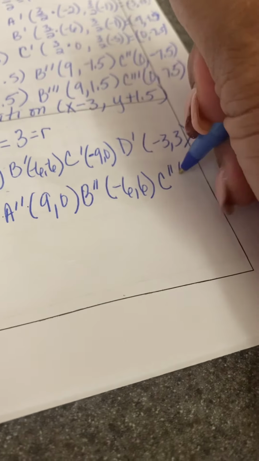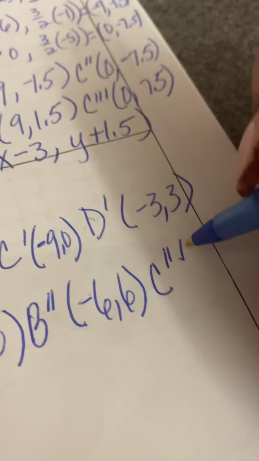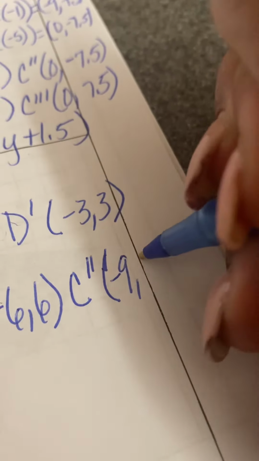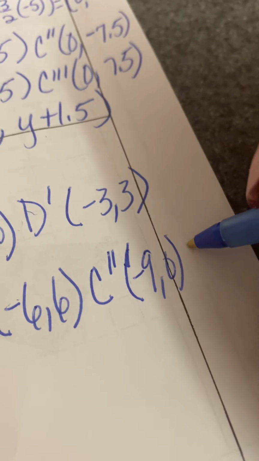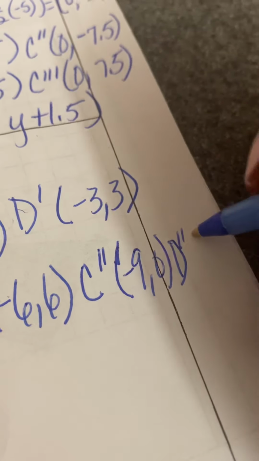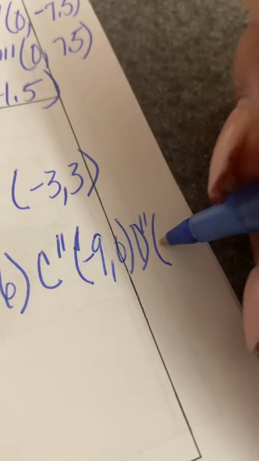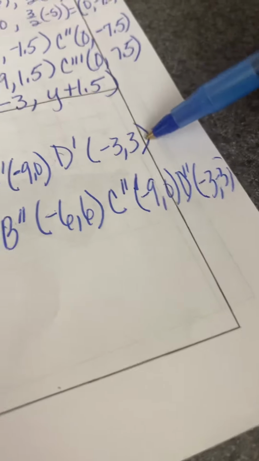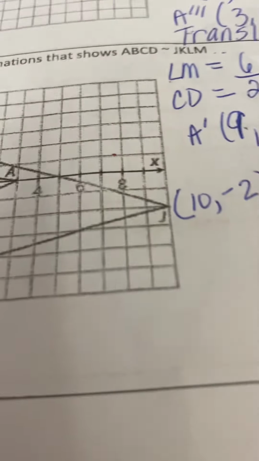C double prime is -9, 0. And D double prime gives us -3, -3, because remember we started off here at -3, +3, and x stays the same, y takes on the opposite value.